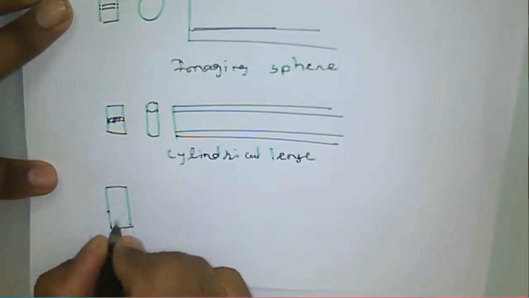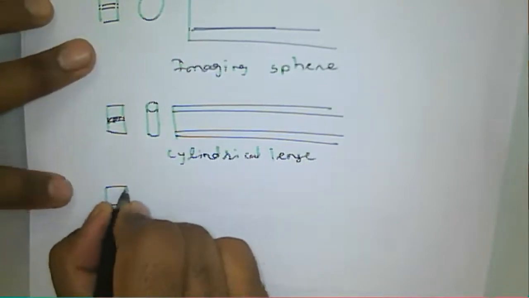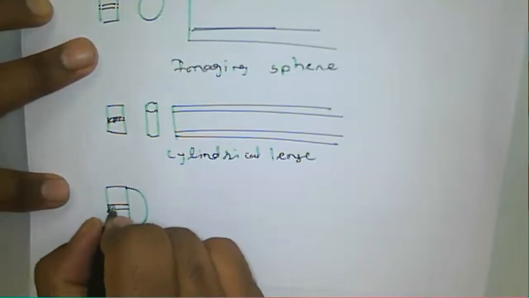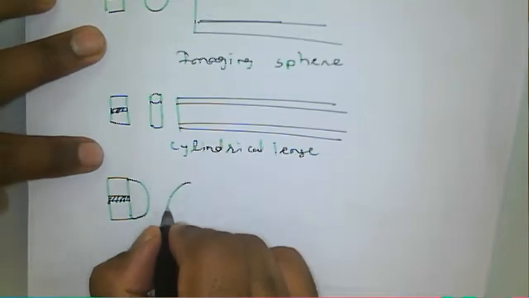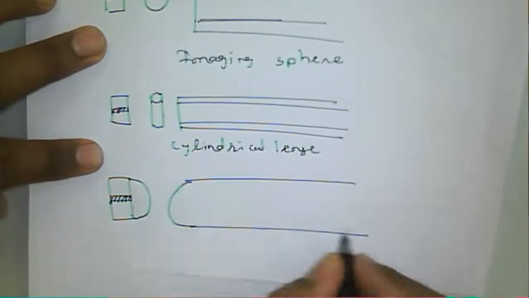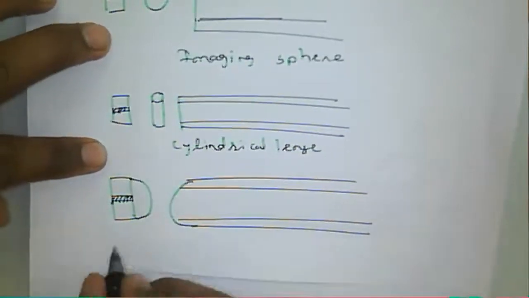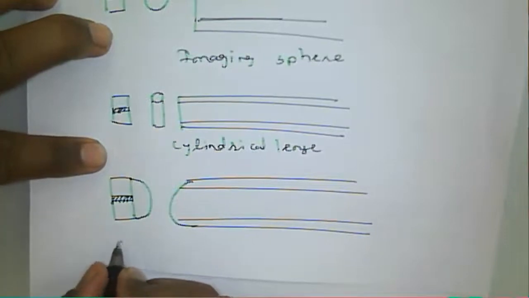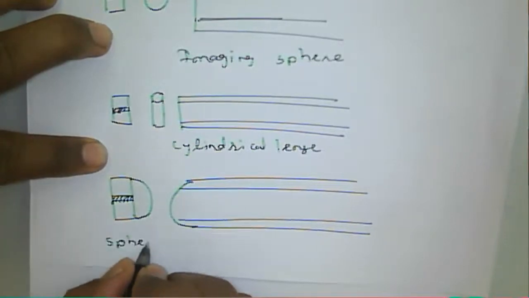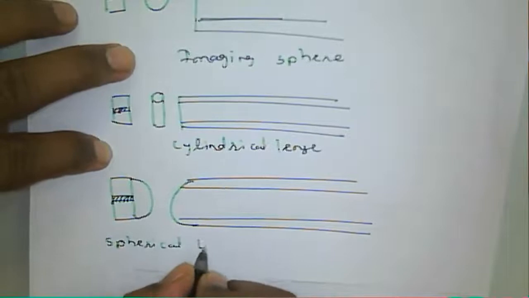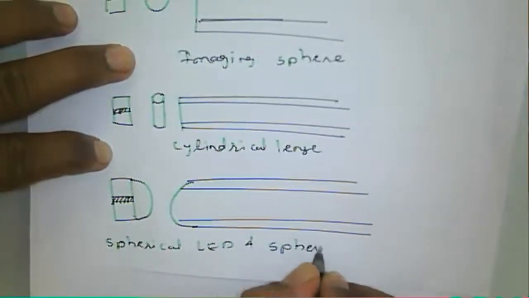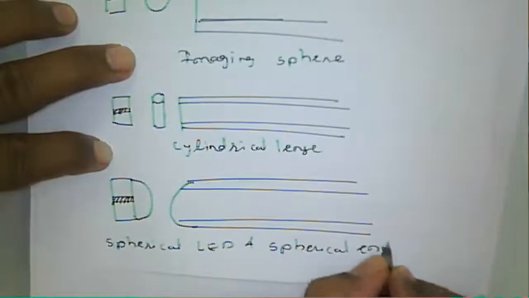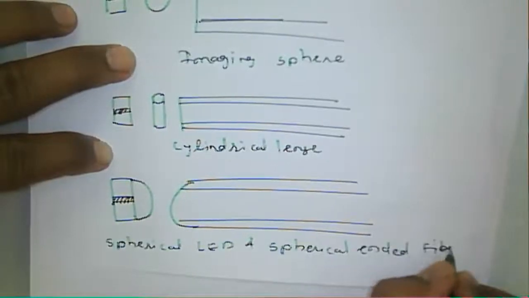This one is the active area, and for this active area, it has a spherical surface LED there. And then we have the spherical surface end here, the fiber end. So this is a spherical LED and a spherical ended fiber.